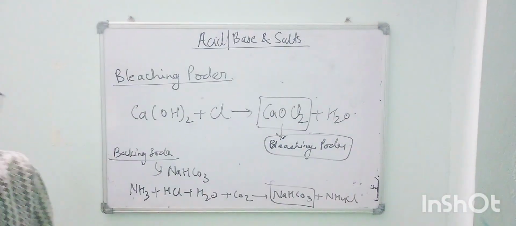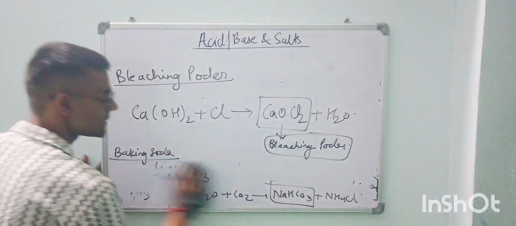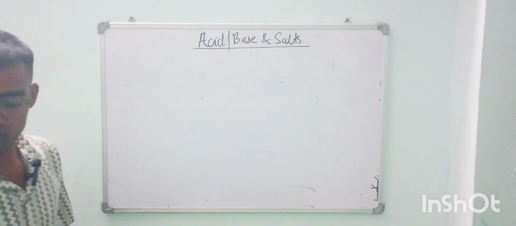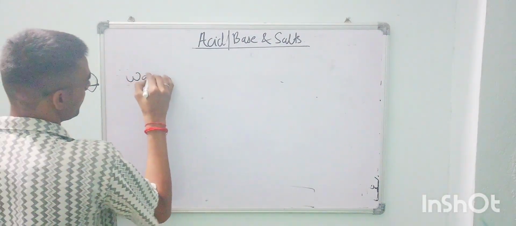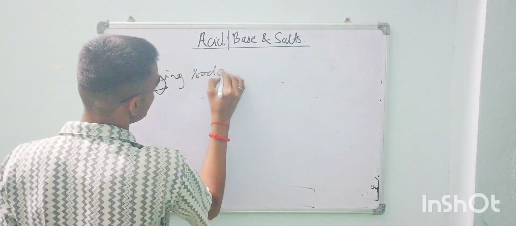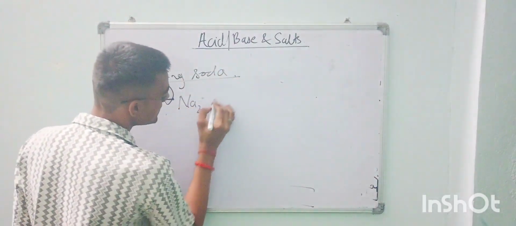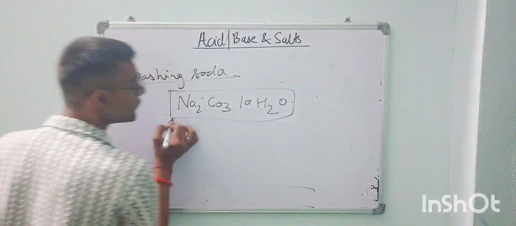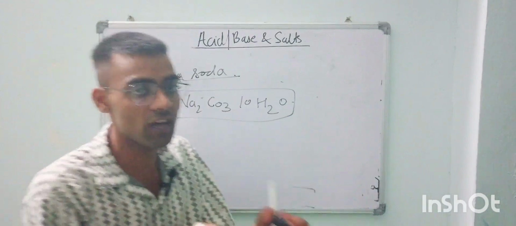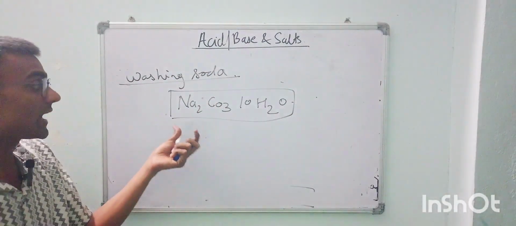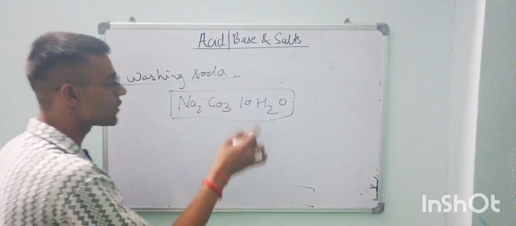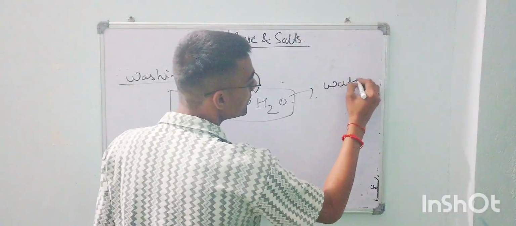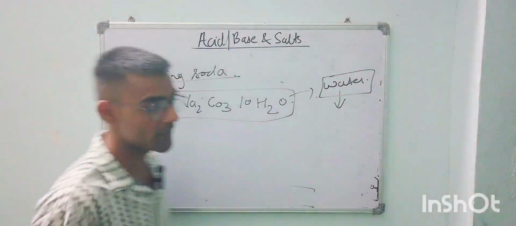And next we will discuss washing soda and plaster of Paris. Washing soda, what is it? Na2CO3 10H2O, sodium carbonate with 10 waters. Sometimes exams ask how many water molecules are present, so that is 10.